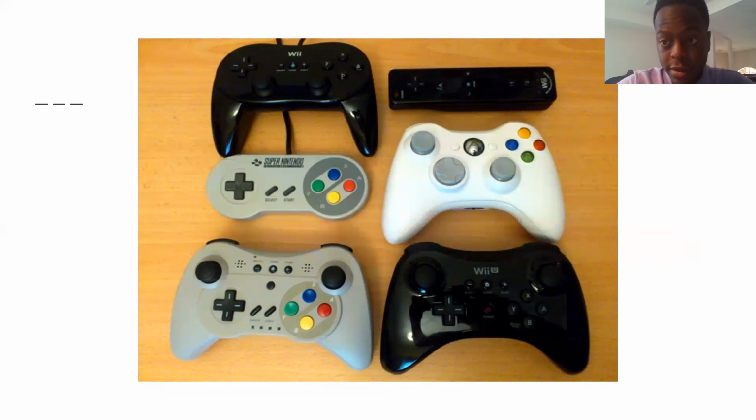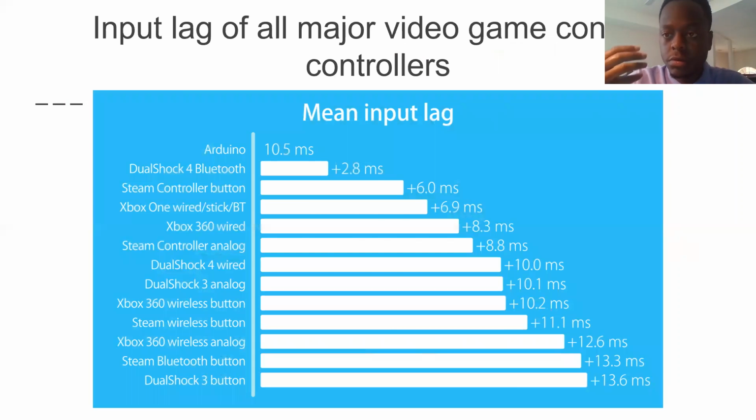Another factor is the controllers that are actually hooked up to the consoles. Because of the actual hardware itself, it might include some travel distance in the button, and that travel distance includes input lag. It's different for each controller.